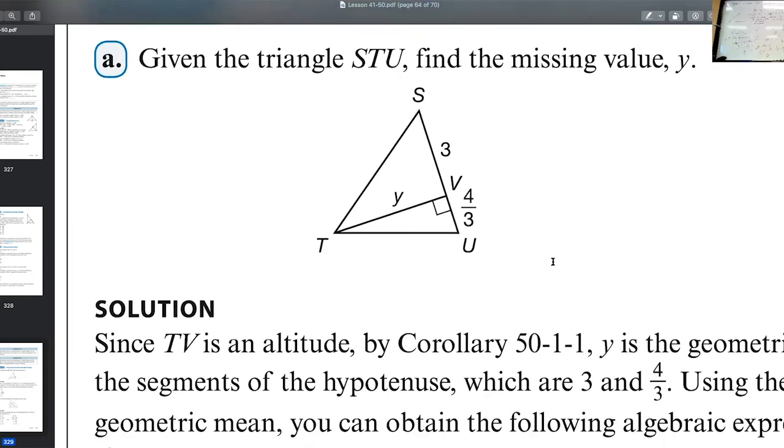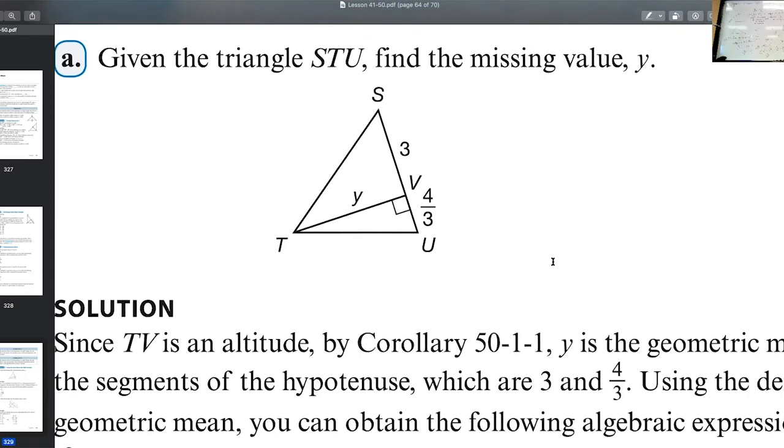Now let's find the length of TU. You could use the Pythagorean theorem. That would be a pain, but you could, because you have y now and you have 4/3.